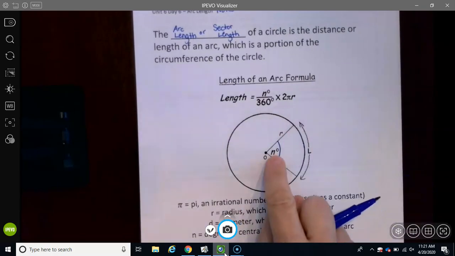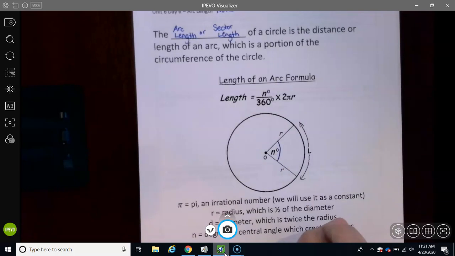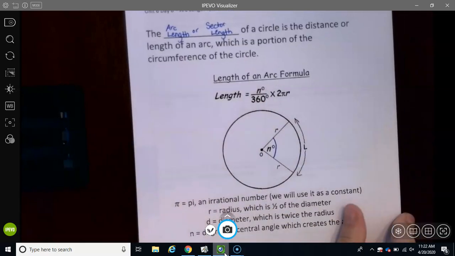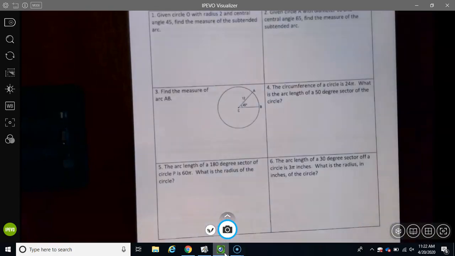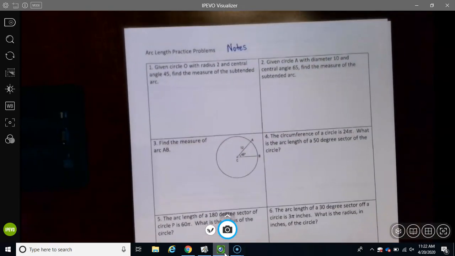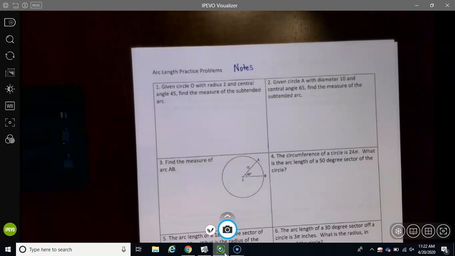So again, you're using the central angle divided by 360, because there's 360 degrees in a whole circle, times whatever the circumference is of that circle. All right, so let's look at some of those. Okay, given circle O with radius 2 and central angle 45.